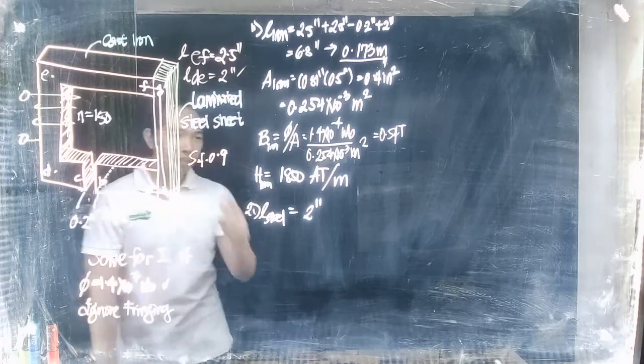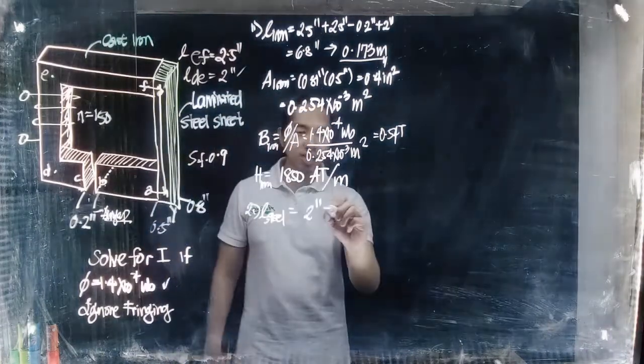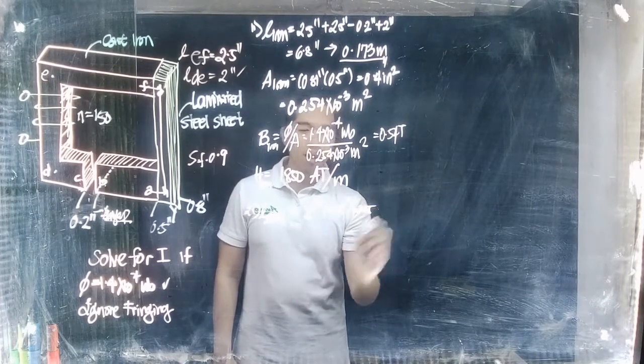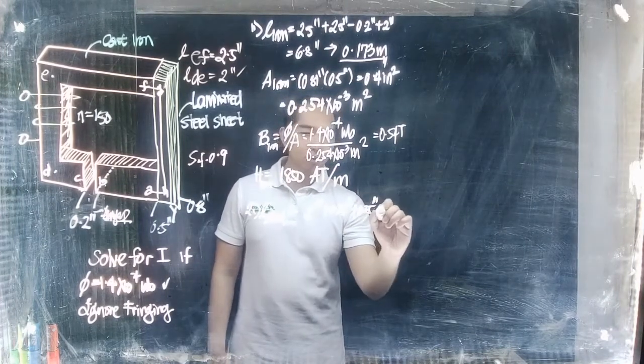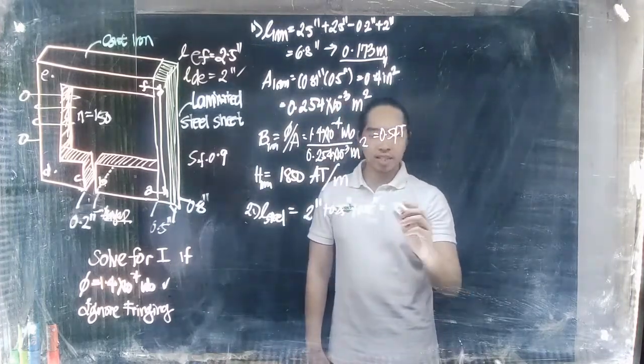Since there are two, that is 0.25 and another 0.25, which is equal to 5. Adding everything up gives us the length of the steel channel equal to 6.35.